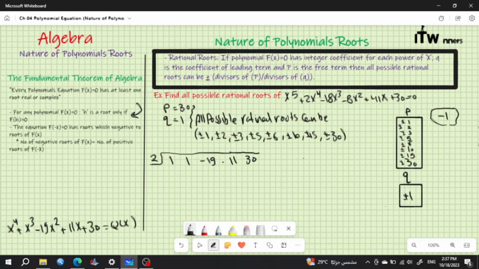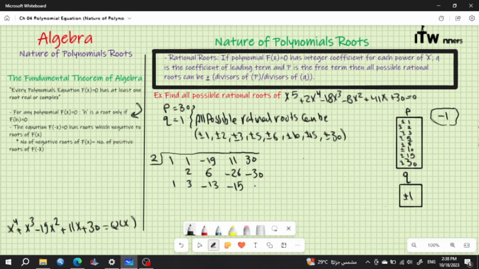Again 1, 1 times 2 equal to 2, 1 plus 2 equal to 3, 3 times 2 equal to 6, we have here negative 13, negative 13 times 2 equal to negative 26. We have here negative 15, negative 15 times 2 equal to negative 30.